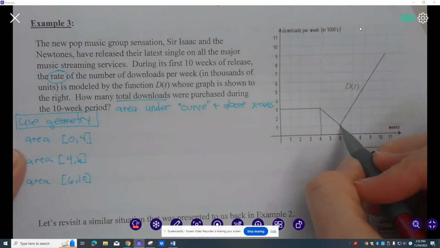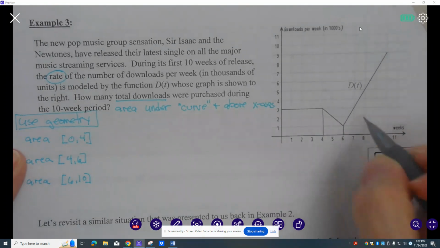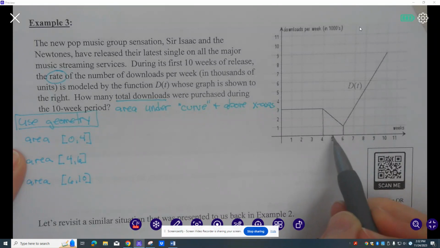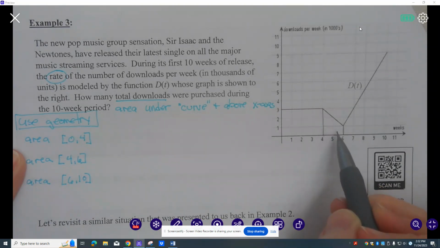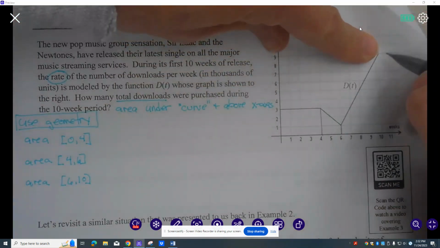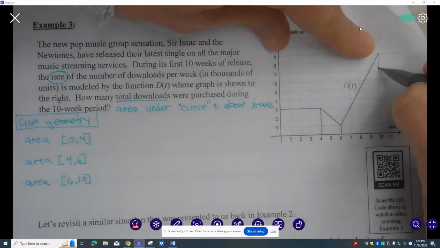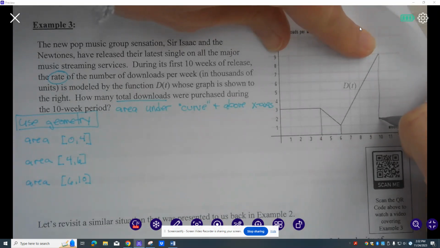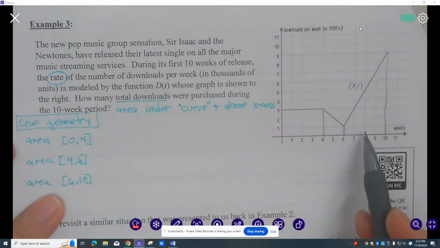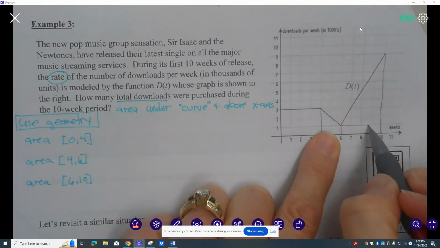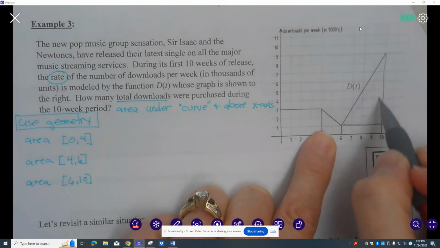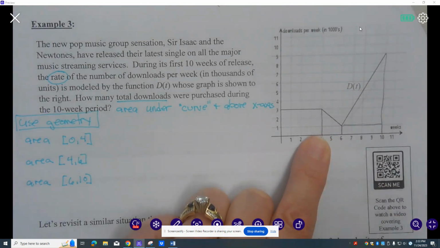From 4 to 6, you can think of it as a trapezoid or a triangle plus a rectangle. The third one would be from 6 to 10, again a trapezoid, or a triangle plus a rectangle.